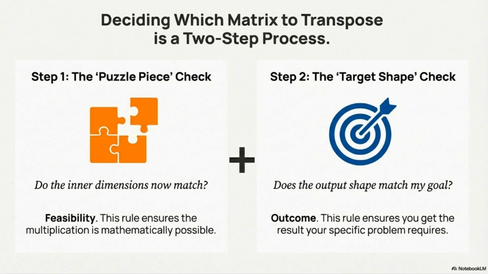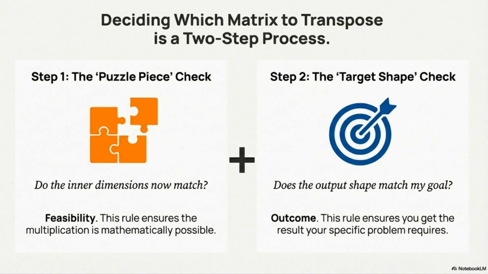When shapes do not match, we still need a strategy for deciding which matrix to transpose. This slide shows a two-step process. Step 1 is the puzzle piece check. We look at the inner dimensions and ask, can I transpose one of these matrices so the inner numbers match? If transposing matrix A fixes the mismatch, that is one option.